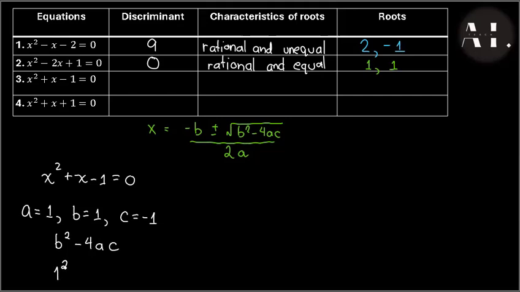We will get 1 squared minus the product of 4, 1, and negative 1. Further simplifying, 1 squared is equal to 1. The product of negative 4, 1, and negative 1 will be positive 4. So the discriminant is 5. Since the discriminant is positive but not a perfect square, the roots will be irrational and unequal.